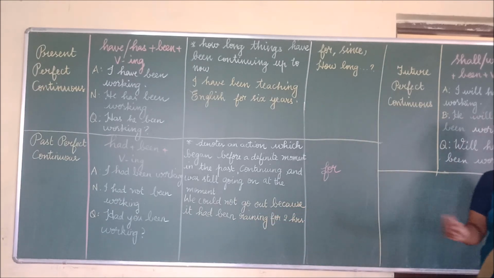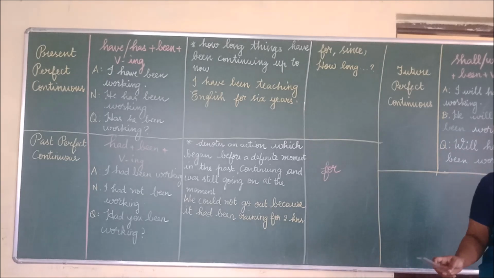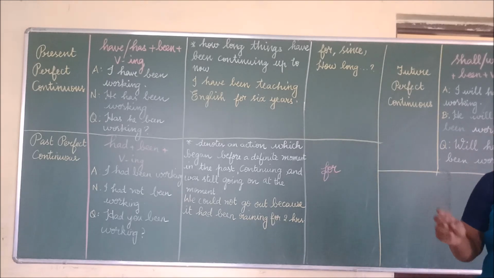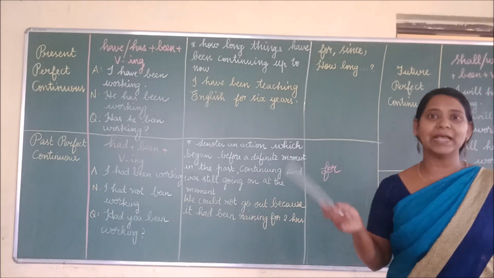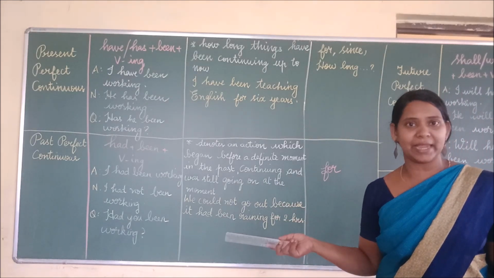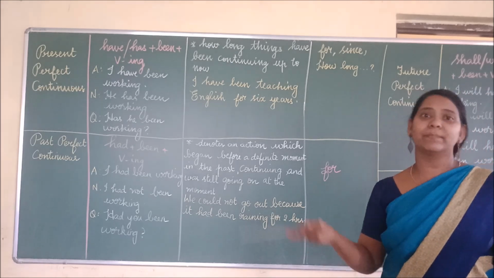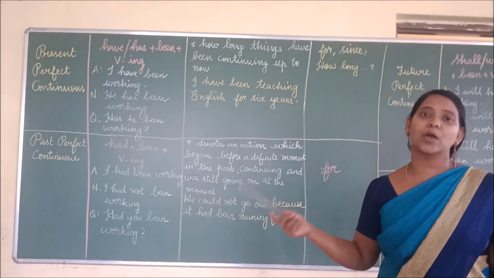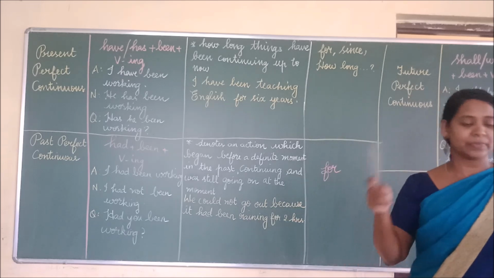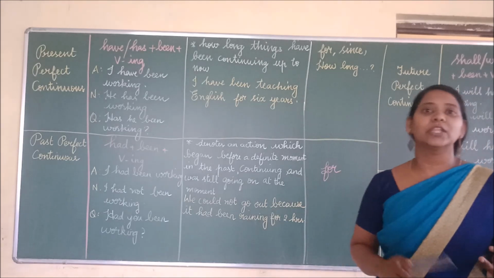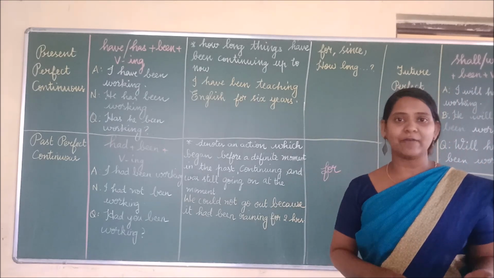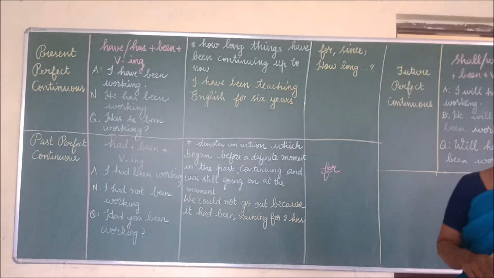And next, future perfect continuous tense. Verb form: shall or will plus have plus been plus verb ing. For I, we, shall plus have plus been plus verb ing; for the rest of the pronouns, that is he, she, it, you, they, will plus have plus been plus verb ing.